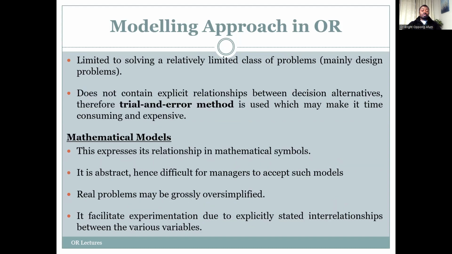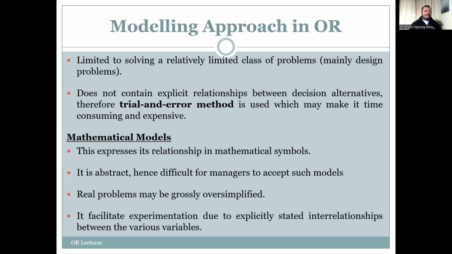They are limited to a relatively limited class of problems, mainly design or engineering problems, and they do not contain explicit relationships between the decisions that make up the model. Usually you cannot see the relationship between those decisions. So definitely it relies on a trial and error method, and therefore is very time consuming and also very expensive.